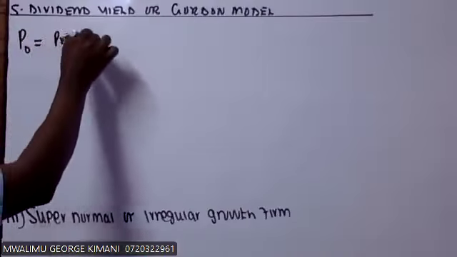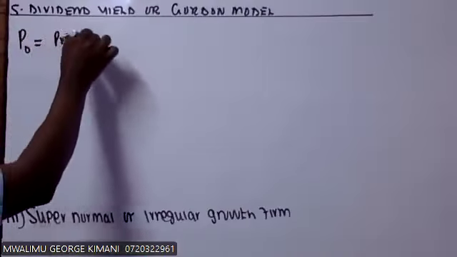If there is growth, and here we can see there is growth, because you can see from 2014, dividend per share has changed. So the formula to use is P naught equals D naught times 1 plus G, you divide by KE minus G. Yeah, that's the formula.